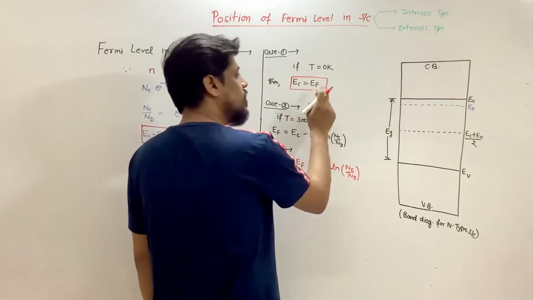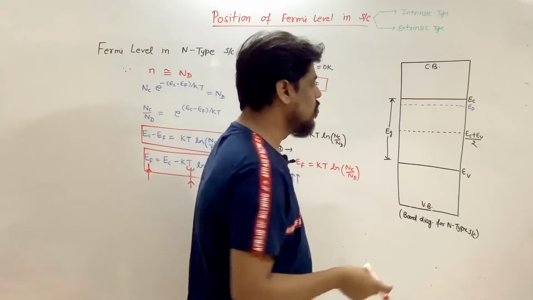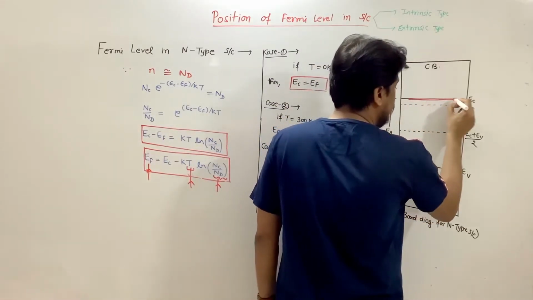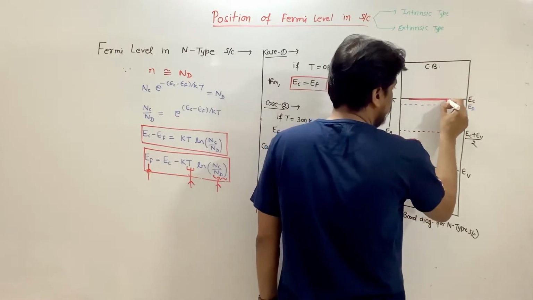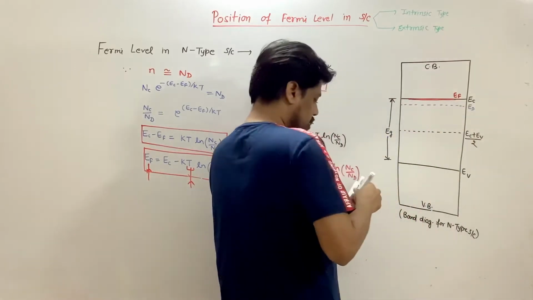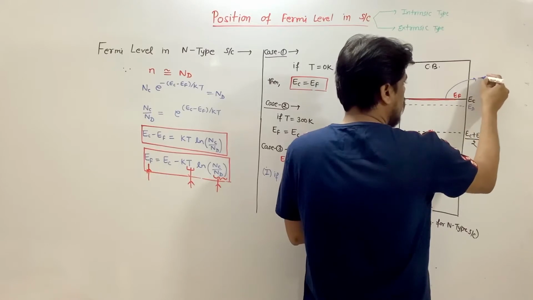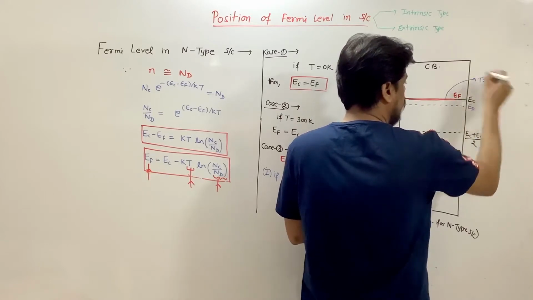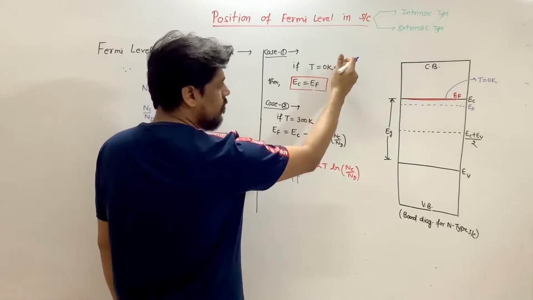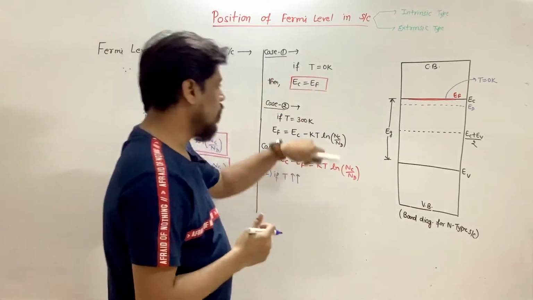So we can say that the Fermi energy at T equal to 0 Kelvin coincides with Ec, the lowest energy level of the conduction band. This is the position of the Fermi energy level at T equal to 0 Kelvin. Now we increase temperature from 0 Kelvin to 300 Kelvin, from absolute temperature to room temperature.